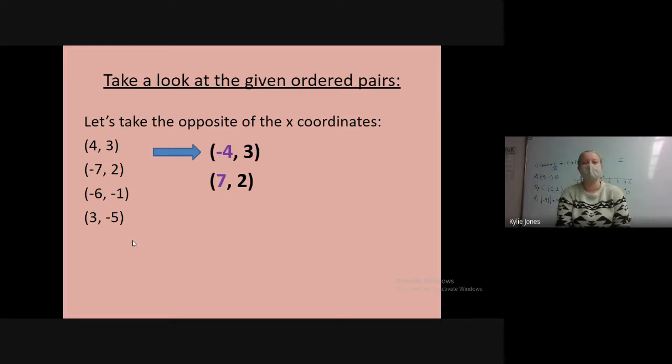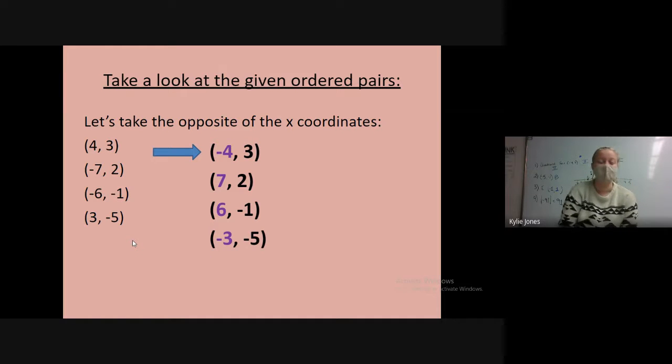What about the opposite of negative 6? That becomes positive 6. What about the opposite of positive 3? Negative 3. So all we've done is change the X coordinate. Have we done anything to the Y coordinate at all? Nope.